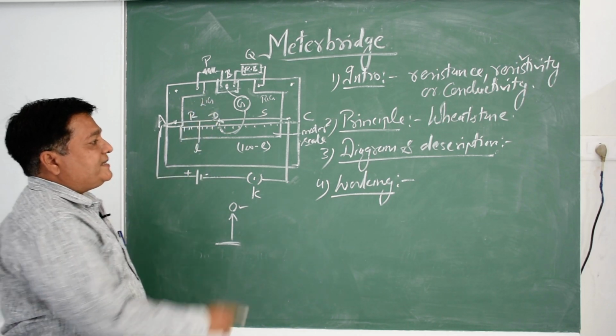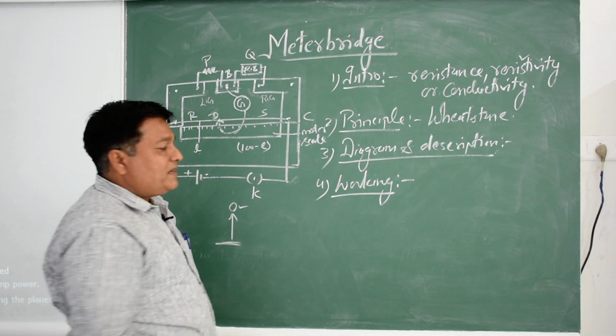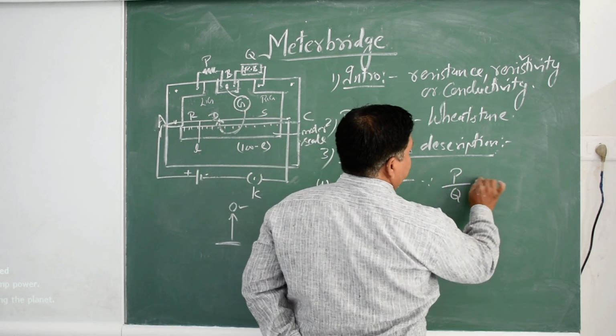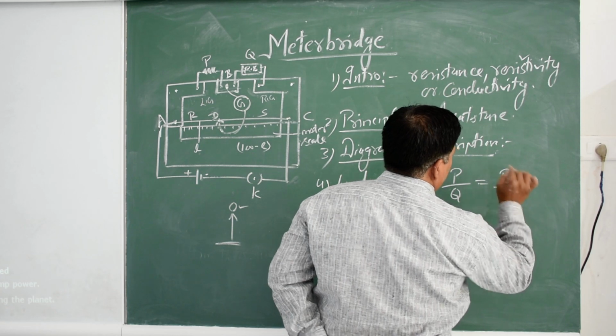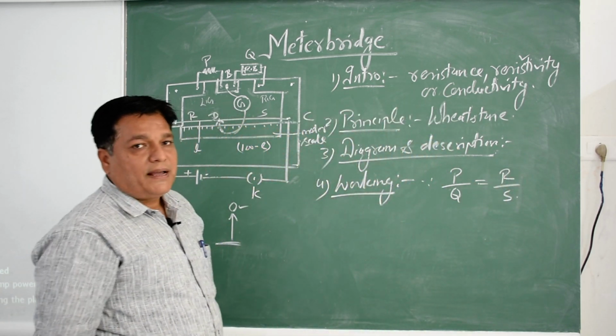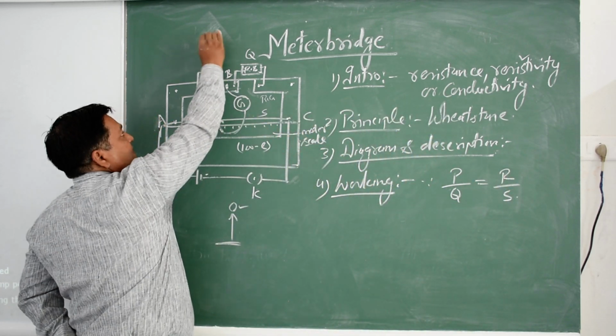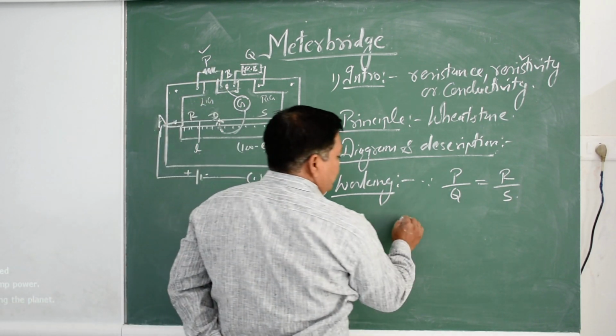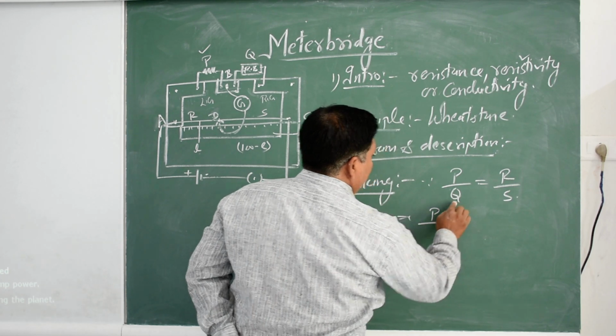Now since it works on the principle of the Wheatstone bridge, P by Q is equal to R by S. P is unknown for us, we have to determine the value of resistance P. So we write P as it is. What is Q?